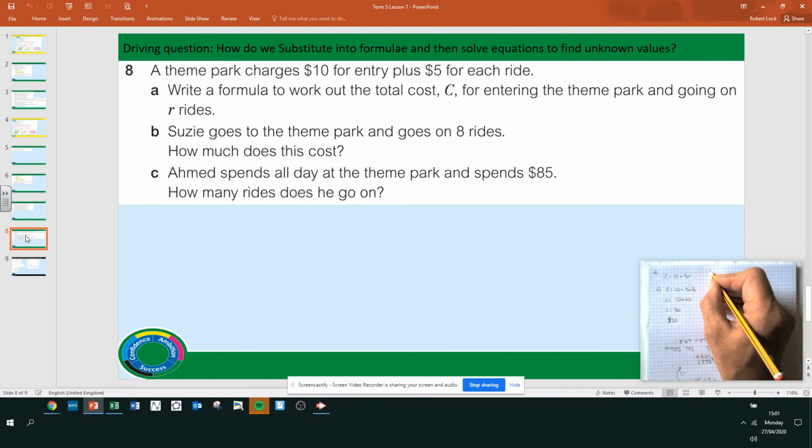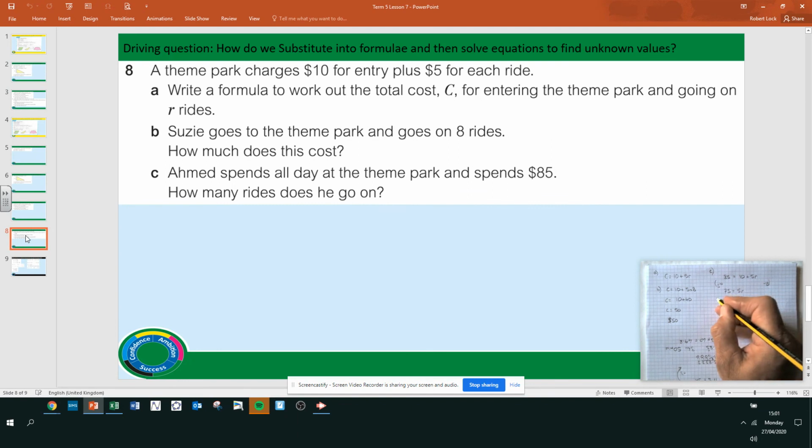C. Ahmed spends all day at the theme park and spends $85. How many rides did he go on? So total cost $85 equals 10 plus 5R. Equation: let's get rid of the 10 on both sides, so minus 10 on both sides. 85 take away 10 is 75 equals 5R.